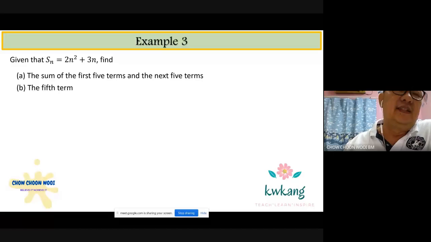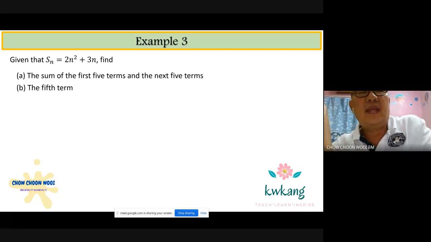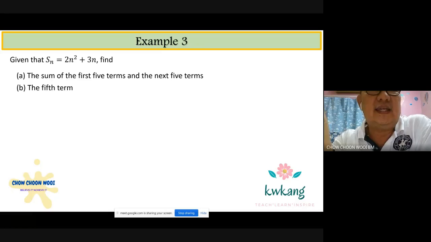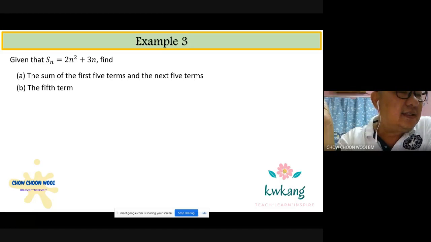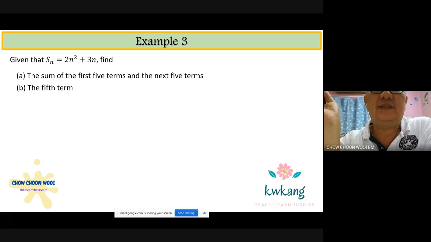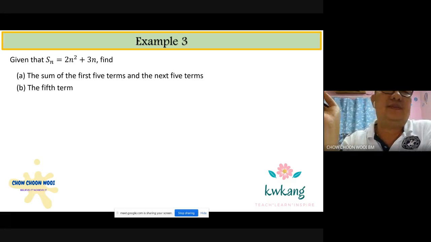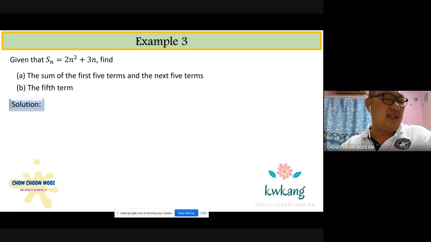Okay. So given that Sn is equal to 2n squared plus 3n, find the sum of the first 5 terms and the next 5 terms. Yang ni kita dah belajar dulu kan. Can you please try to find the sum of the first 5 terms?